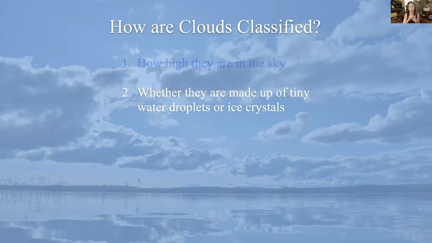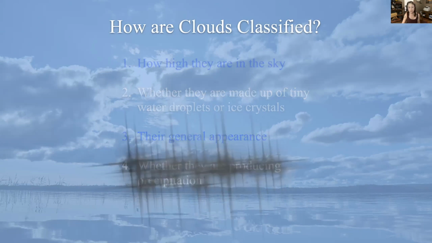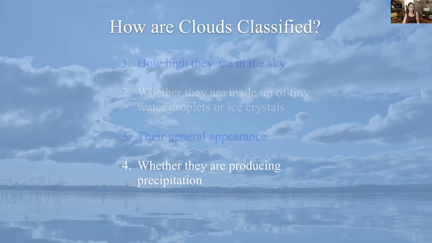Second, whether they are made up of ice crystals or water droplets that haven't frozen. Third, their general appearance, literally. So we'll look at that in a minute. And finally, whether they are producing precipitation.